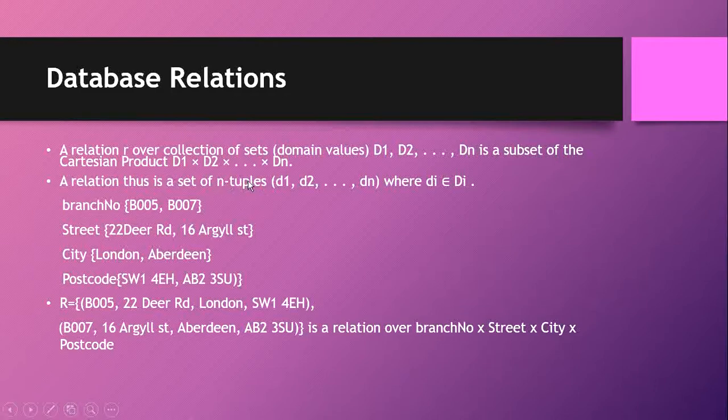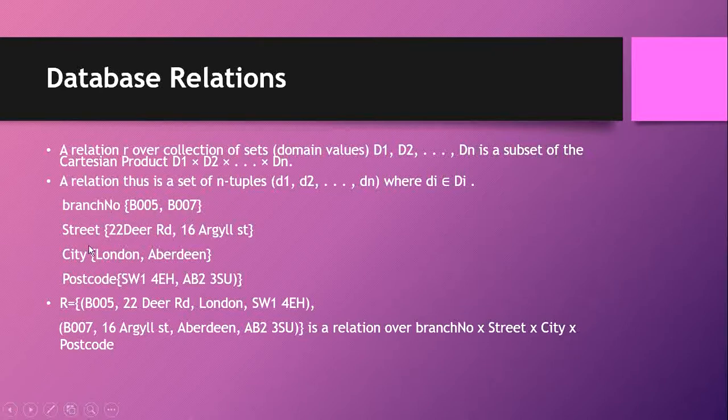Here n can be any number, d1, d2 up to dn, where di belongs to capital Di, meaning these values belong to domains. Like if we have d1, it will belong to domain 1. If we have value d2, then it will belong to domain 2. Consider this example. First we have the domain branch number, or you can say attribute, and we have two values here.